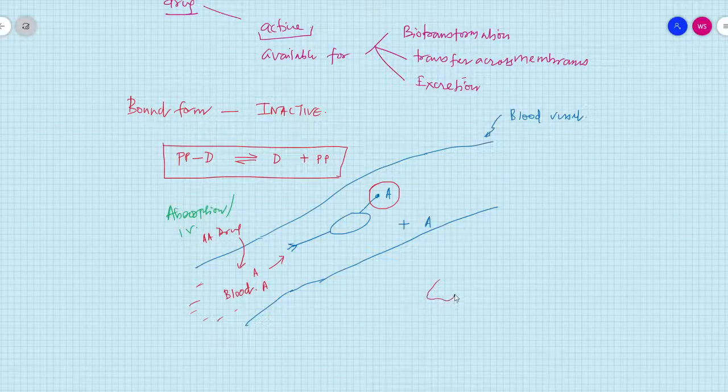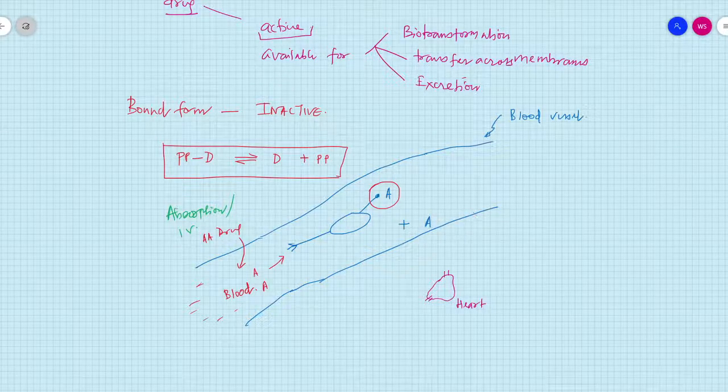Let's say this is the heart. So the target site of the drug is the heart, and only the free form is active. So what happens for it to act on the heart?